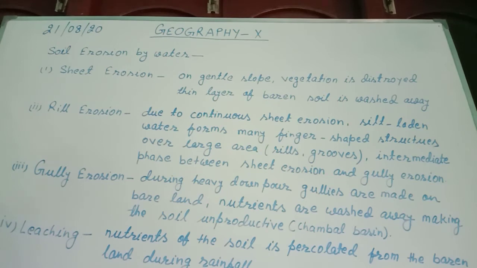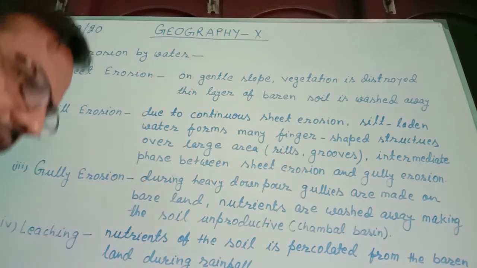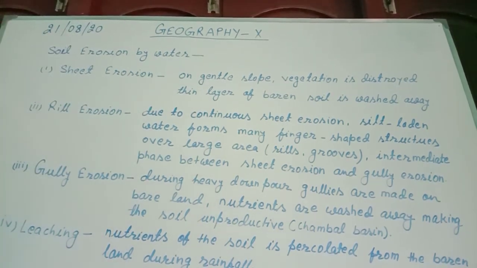That process of erosion is called leaching. Mainly the nutrients are percolated inside the soil. So we are discussing the erosion by water. Here we saw 4: sheet erosion, rill erosion, gully erosion and leaching. 2 more are left: sea or shore erosion and stream bank erosion. Let us see the explanation of these 2.